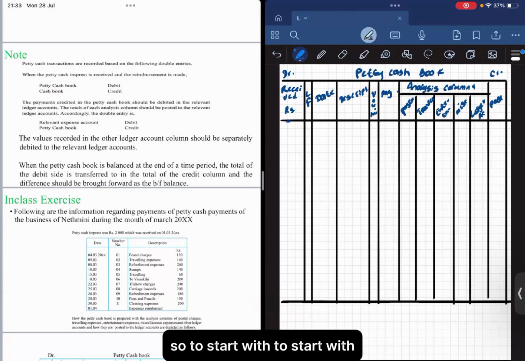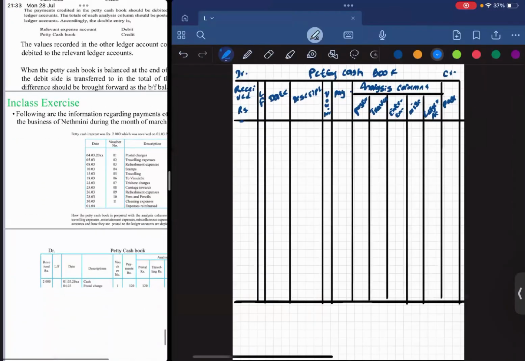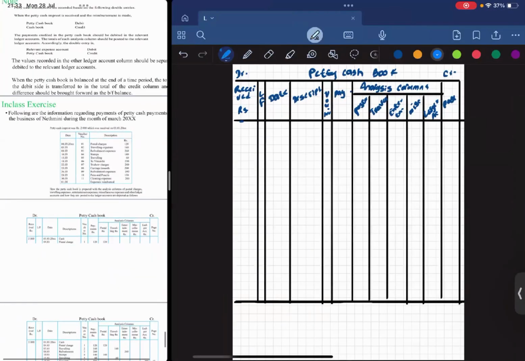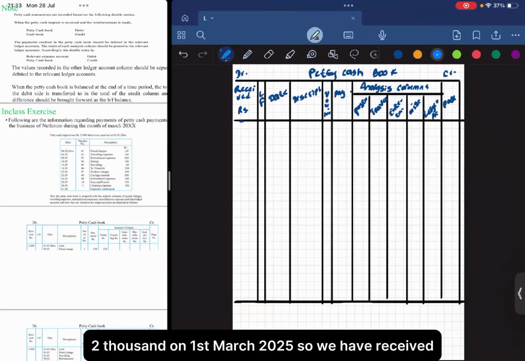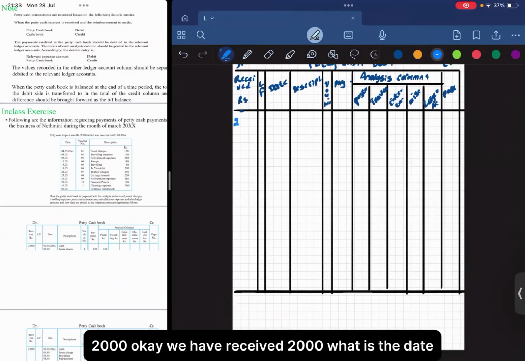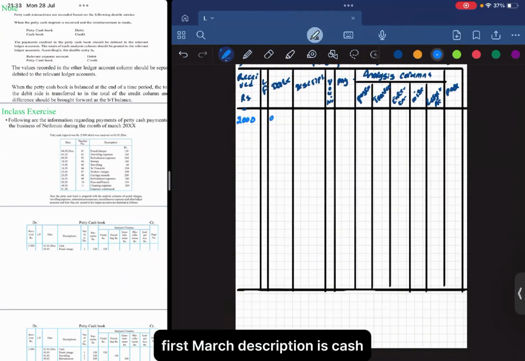So to start with, we have received petty cash imprest on 1st March 2025. The amount received is the imprest, the date is 1st March, and the description is cash.